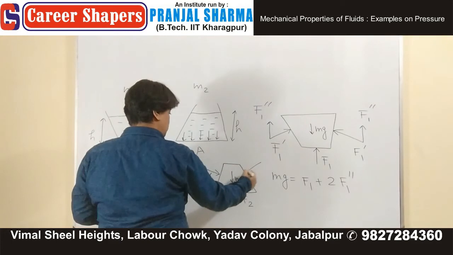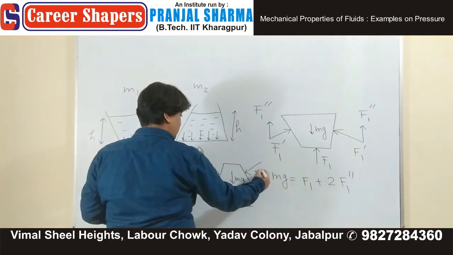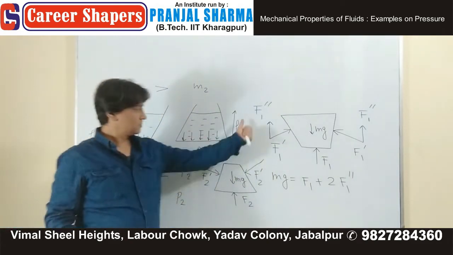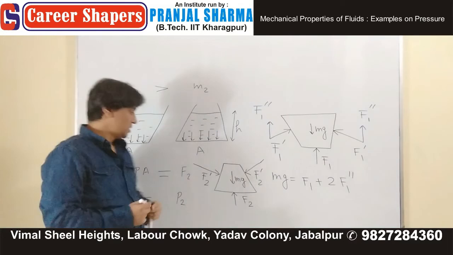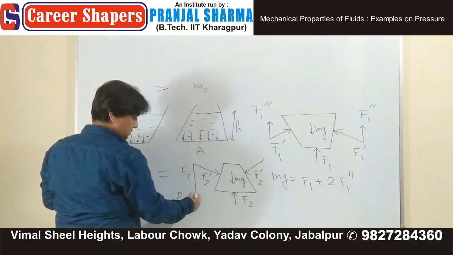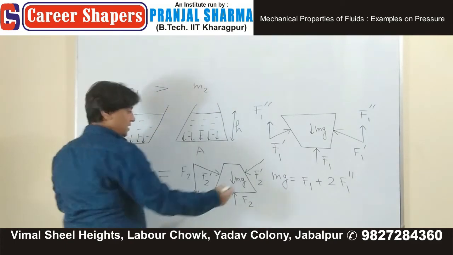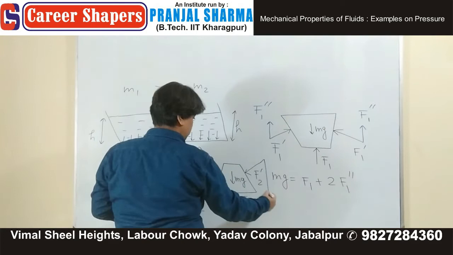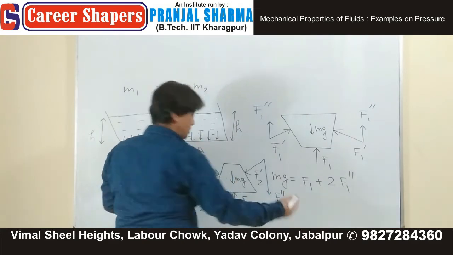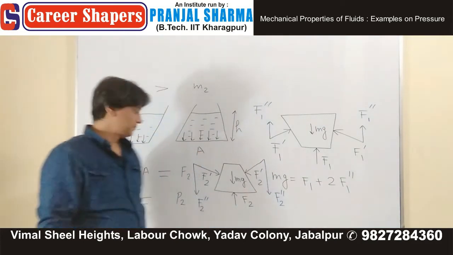Similarly, a force is coming from this side, which is also F2 dash. Then if you take the vertical components, let's call them F2 double dash and F2 double dash. I'm not showing you horizontal components because horizontal components will simply cancel out each other.